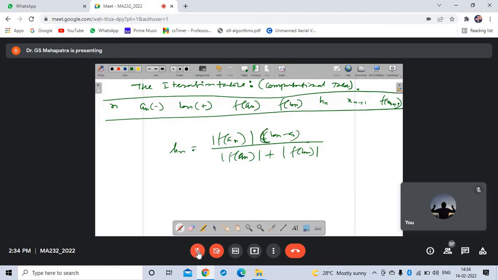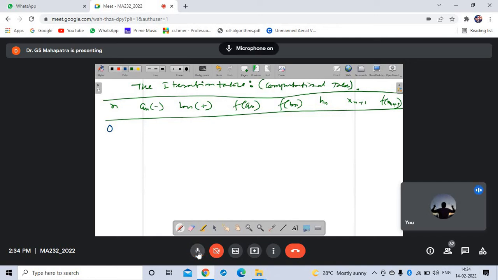So now I will erase this one first. Okay, entries. N equals 0. What is An? If you go back to the previous slide, 1. What is this one? 2. Correct. F of An value is minus 1. F of Vn value is 0.386.